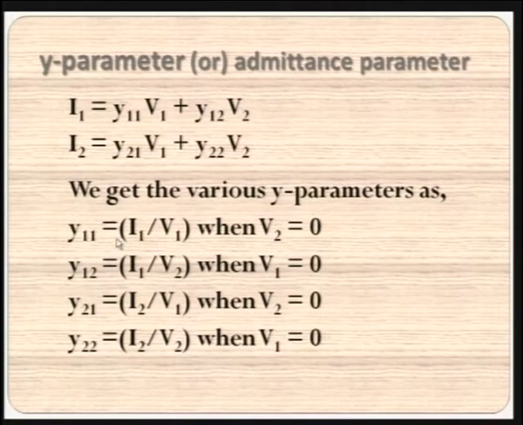The key point to be kept in mind is, in the case of the Y parameter, all these Y expressions have the I divided by V form. What is the meaning of I divided by V? It is nothing but the inverse of impedance. For the inverse of impedance, we have a special name, it is admittance. So, this Y parameter is also called the admittance parameter.